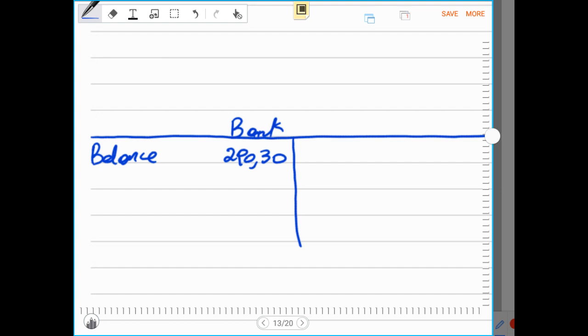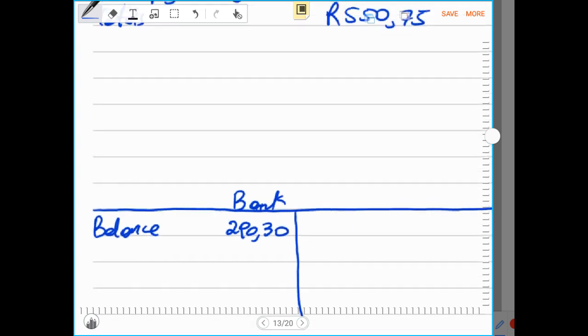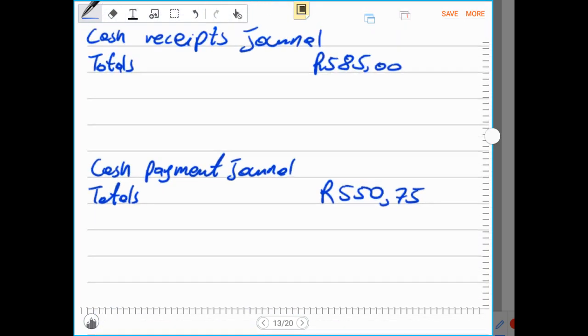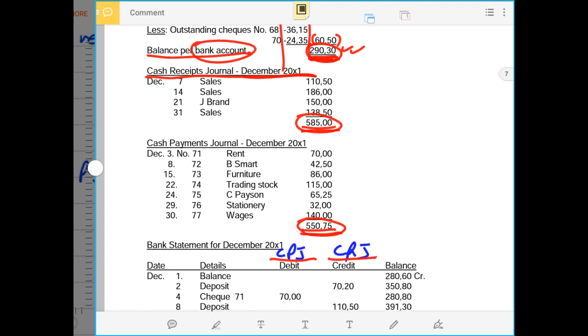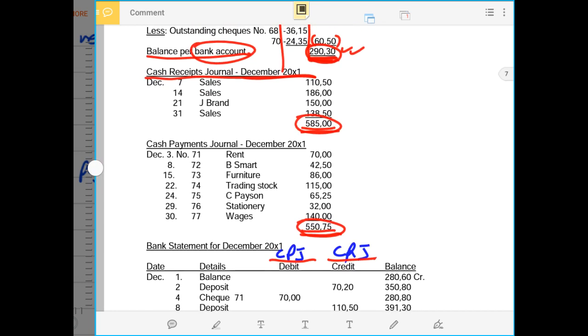So now after we have recorded the opening balance of the bank account, we start doing the comparison of the cash books. And when I say cash books, I am referring to the receipts and the payments, and the credit side of the bank statement and the debit side of the bank statement. So now I will start comparing my cash receipt journal with the credit side of the bank statement.